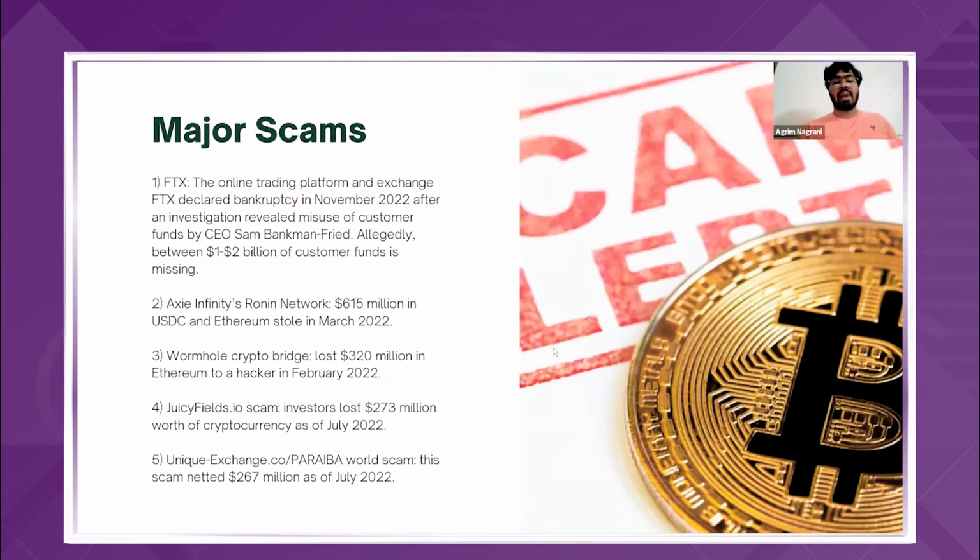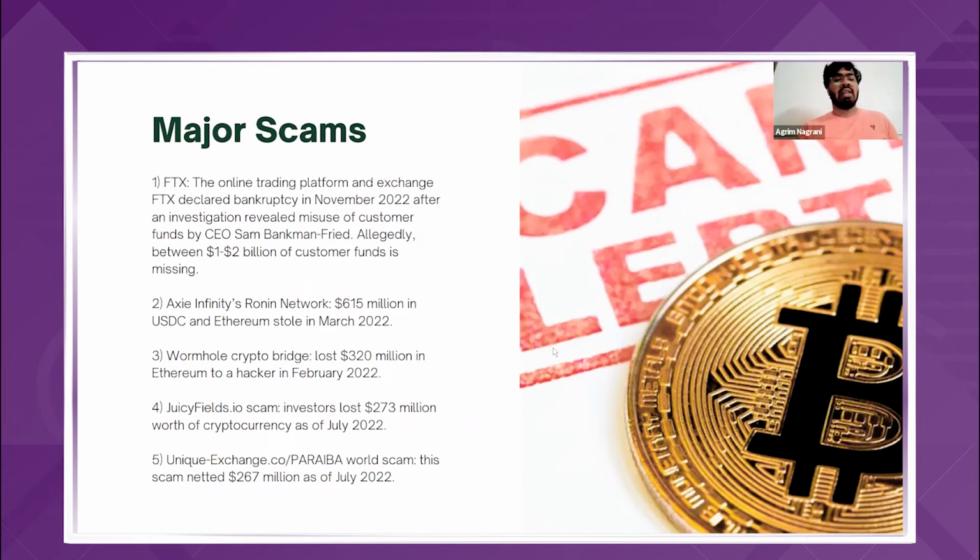The Juicy Field scam was there, where the founders scammed the investors, and more than 250 to 270 million worth of cryptocurrency was withdrawn by the founders. And the VCs and angel investors who invested in cryptocurrencies or USDT, USDC were not able to recover it.